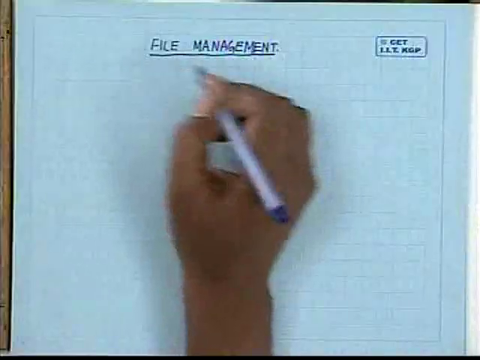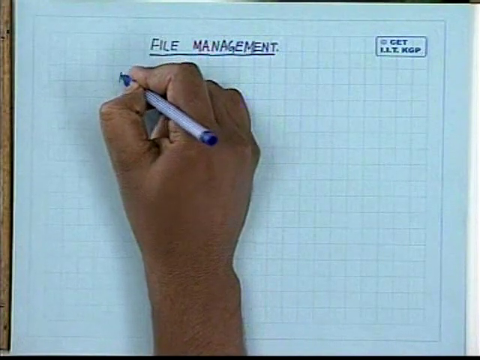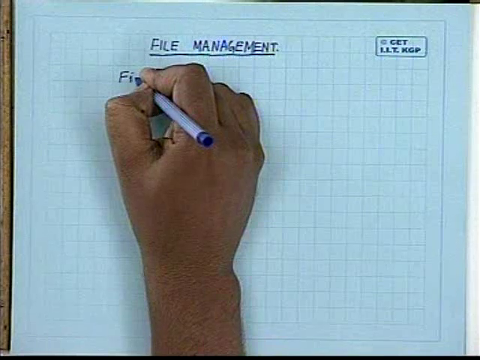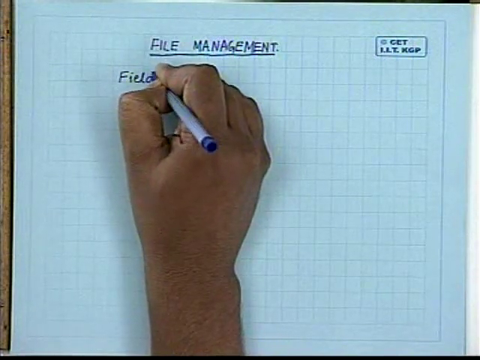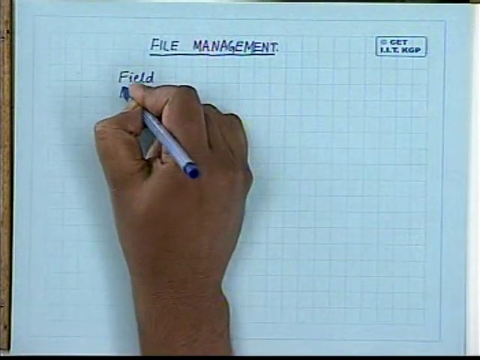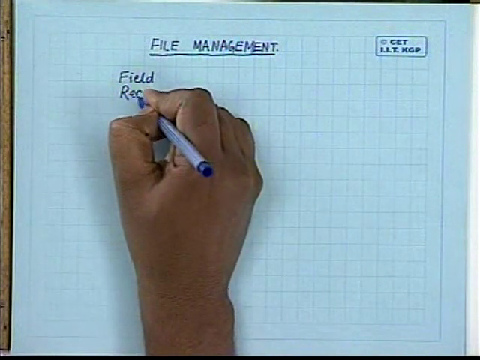Similarly, whenever you want to store some data, you create a file and store the data in that file. Now, these files can be organized in different forms, or the data in the file can be organized in different forms. So whenever we talk about a file or file management, there are four other terms which become important. The first term is called a field. Then we have what is called records.